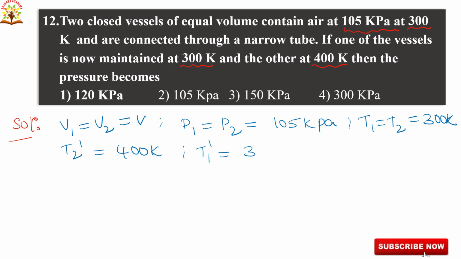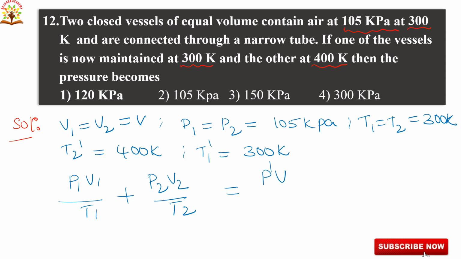they gave as 300 Kelvin. So now P1 V1 by T1 plus P2 V2 by T2 is equal to P dash V by T1 dash plus P dash V by T2 dash.